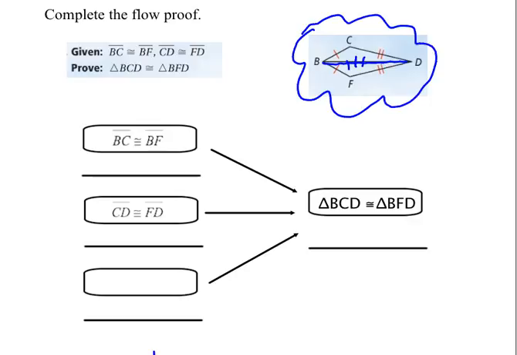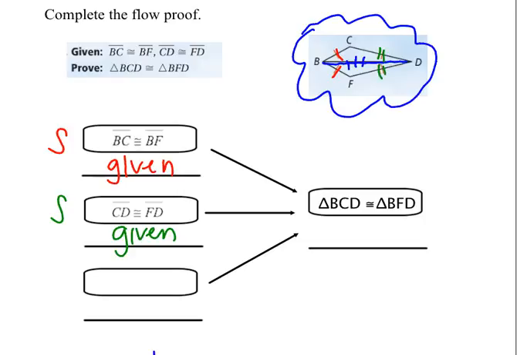of congruent sides. So BC is congruent to BF. That's given to us. There's my first S. My second S, CD is congruent to FD. That is also given to us, right? They marked it for us.